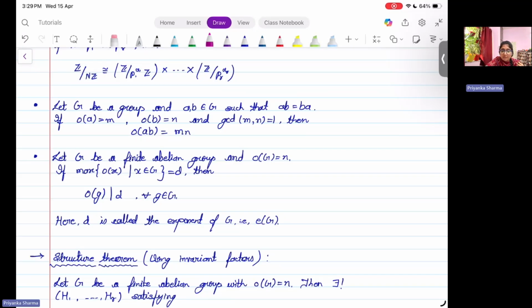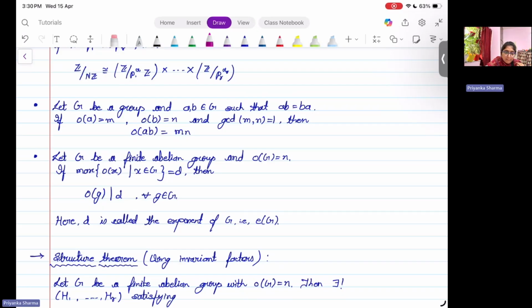And if the order of a is m and the order of b is n, then if the GCD of m and n is 1, then the order of ab, that is the order of the product of these two elements, will be the product of their orders. And let G be a finite abelian group and the order of G is n.